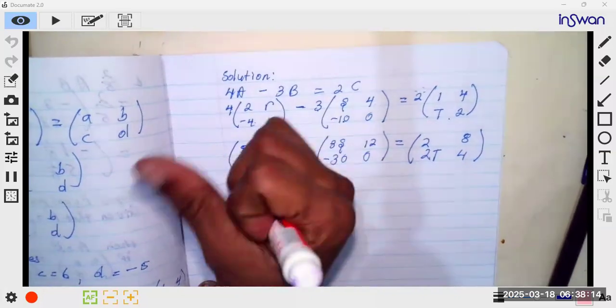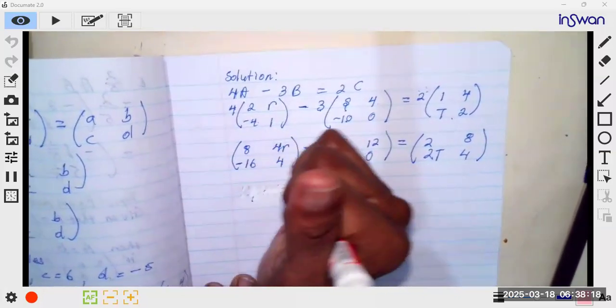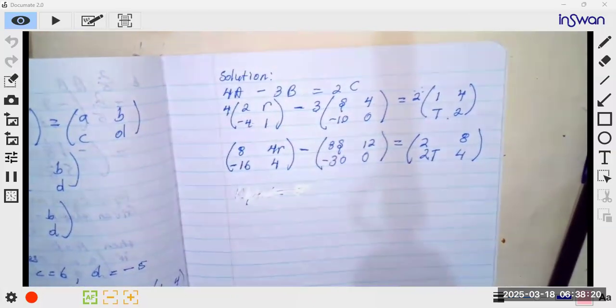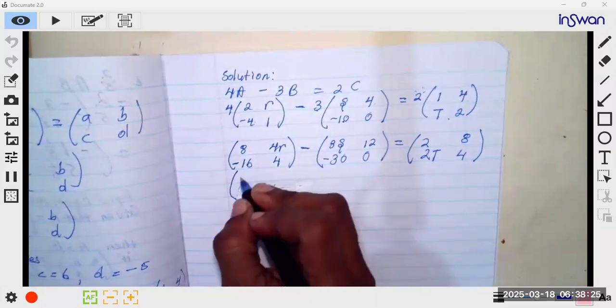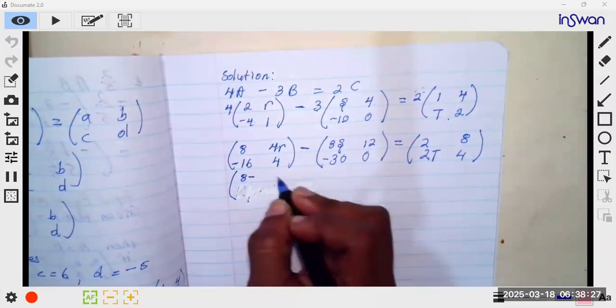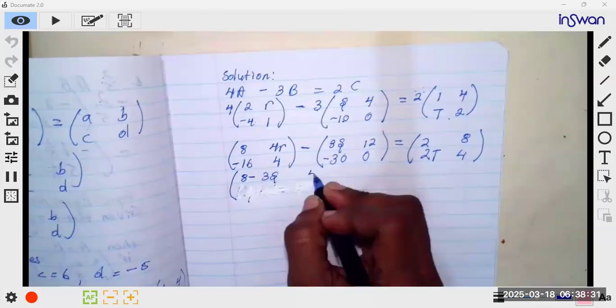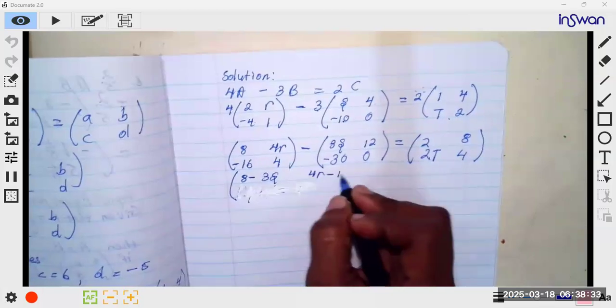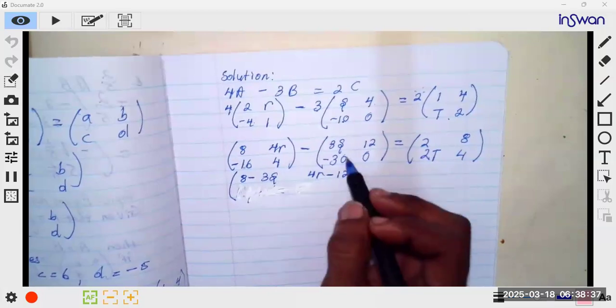It's already equated, but we didn't solve those two. So let's solve them. The first one will be 8 take away 3s, then 4r take away 12, minus 16 minus 30.